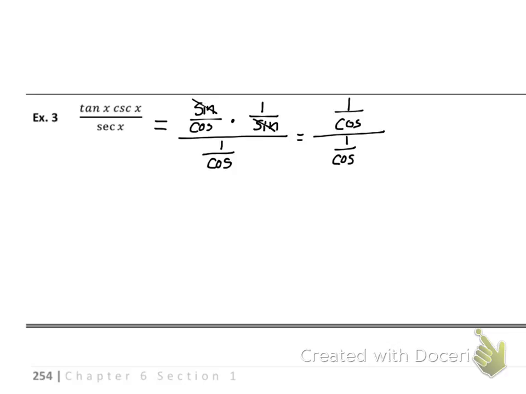Now you could go through all the trouble of doing keep, change, flip, but it's much easier to recognize that I have the same thing on top as the bottom. Something divided by itself just equals the big uno. I think 1's a lot easier to use than plugging this into your calculator a whole bunch of times. Maybe you like doing this in your calculator, but I'd prefer just putting 1 down.